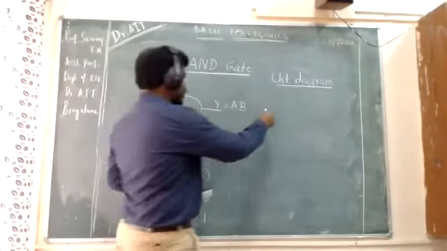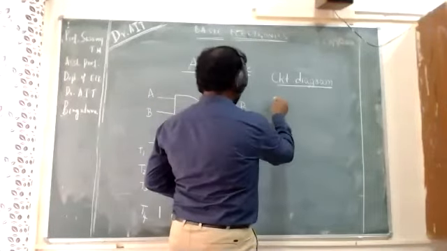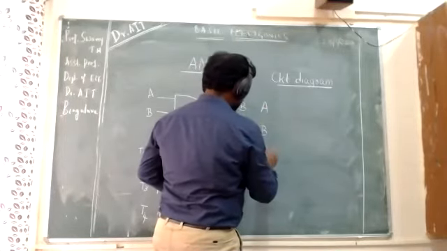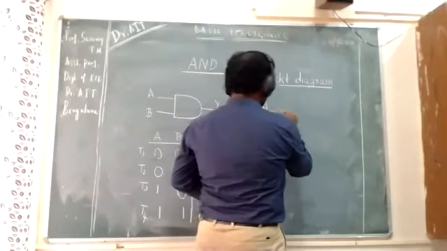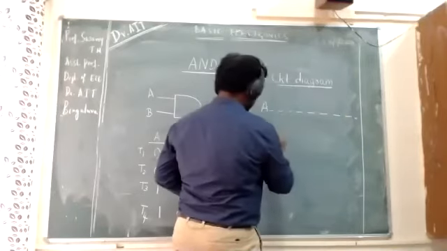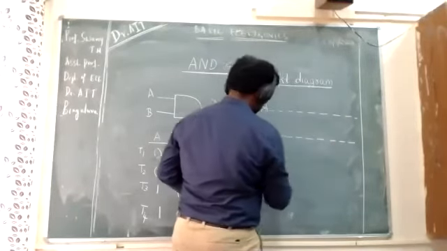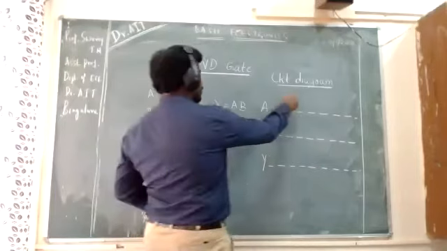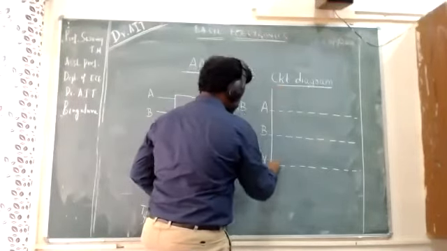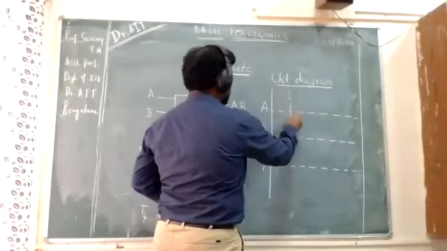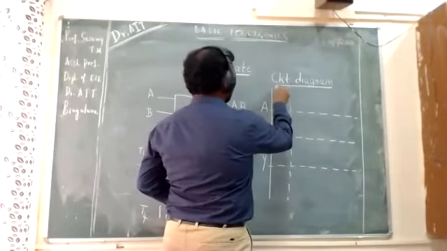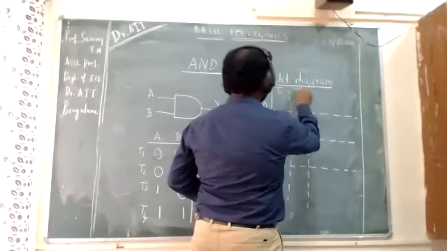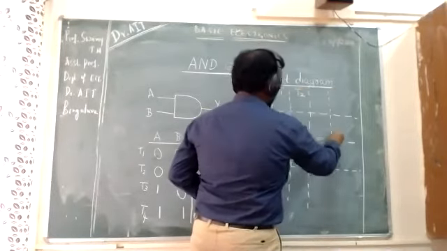Since it has 2 inputs, I will take 2 reference lines for the inputs and 1 reference line for output Y. This is the reference line, this range is called time T1, and the next case is time T2.